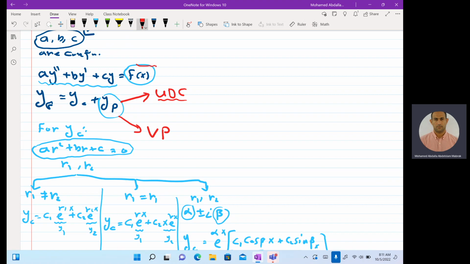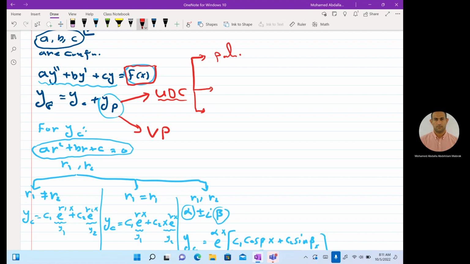I'm talking about this function here. So for undetermined coefficients, we studied three different families. It's either a polynomial, exponential, or sine alpha x, cosine alpha x, or even a combination between them.